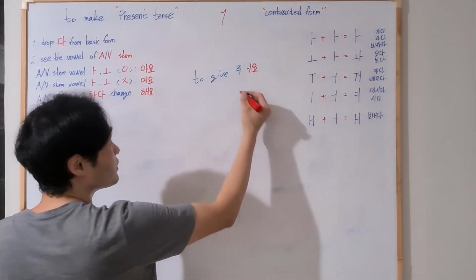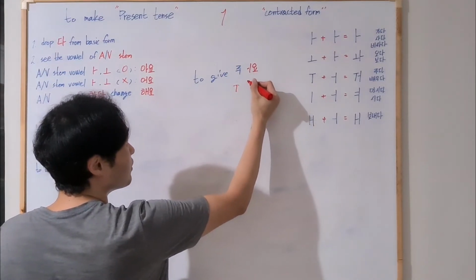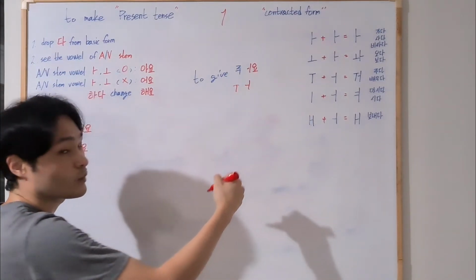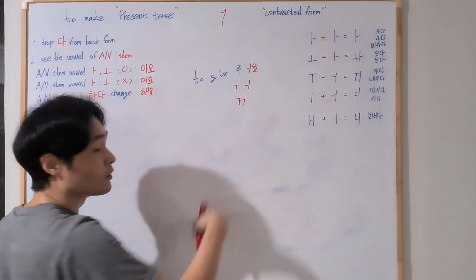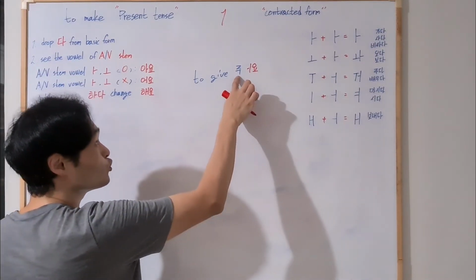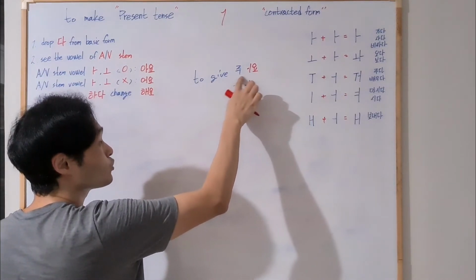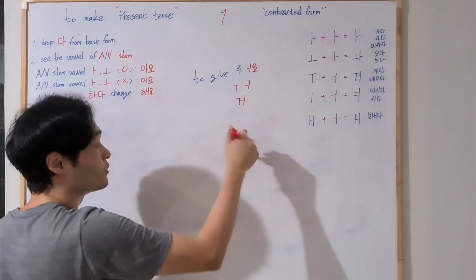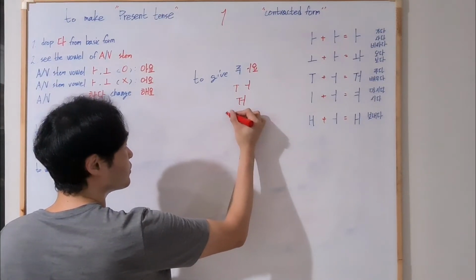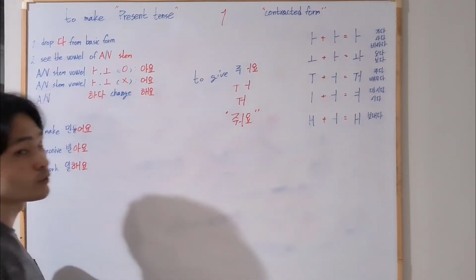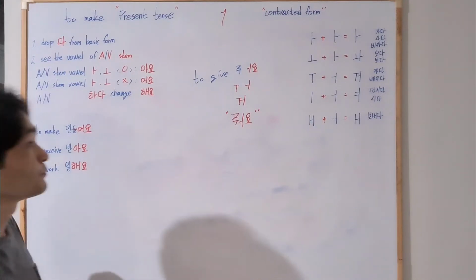And what is the vowel? 우, 어. What does it look like? 워. 주어, so it becomes 줘요. This is present tense. To give. 줘요.